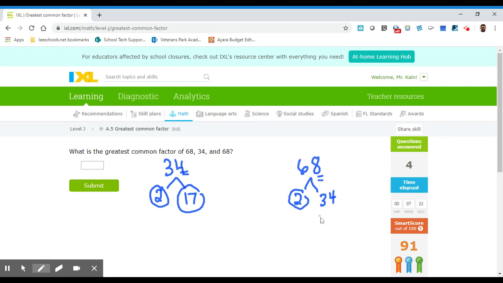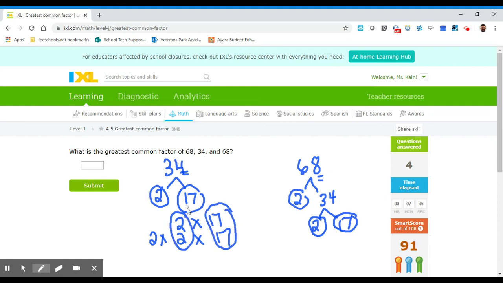And then 34 is 2 and 17. Also a prime number. We're going to stack our factors. So 2 times 17, 2, 2, and 17. So 2 times 2 times 17. Circle our pairs. And we have a 2 times a 17, which is the greatest common factor of 34.